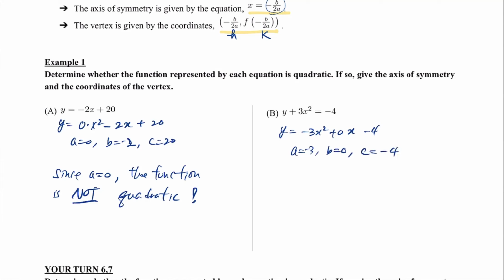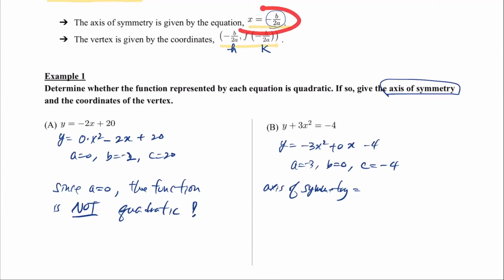The equation for the axis of symmetry, right here, guys, is given by this equation right here, right? So x is equal to negative b, and b is 0 in our case, over 2 times negative 3. Well, 0 in the numerator means the whole thing is 0, so we're done.